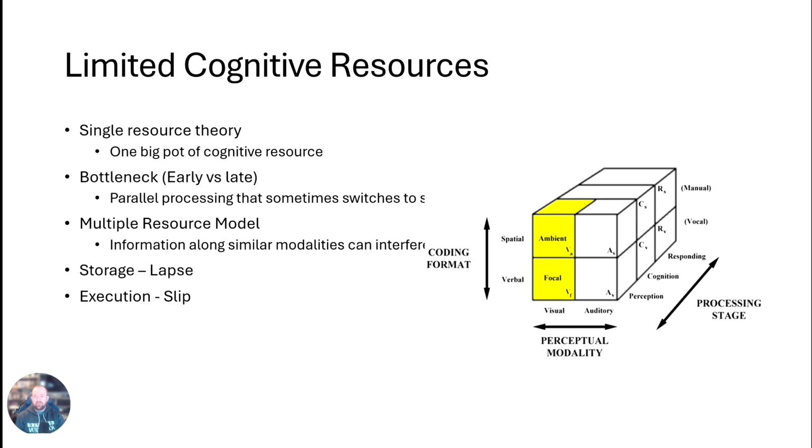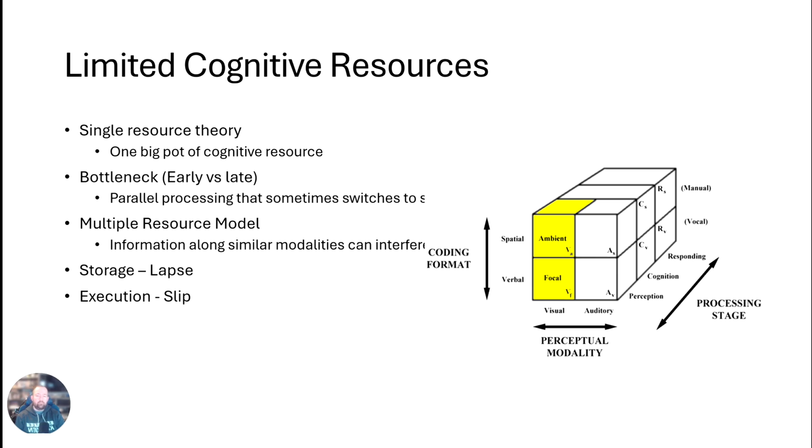A lot of people have experienced that where maybe you're typing something and you type what you hear but not what you meant to type. That led us to the multiple resource models, where we look at how information along similar modalities can interfere. And so our attention seems to be more split fundamentally than the single pot of resources would make us think.